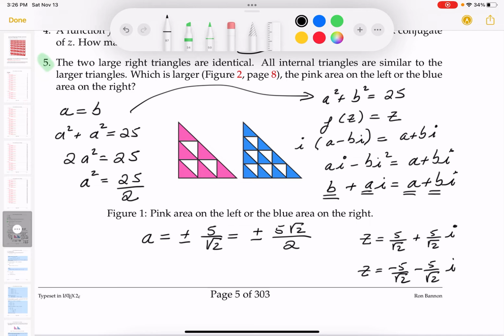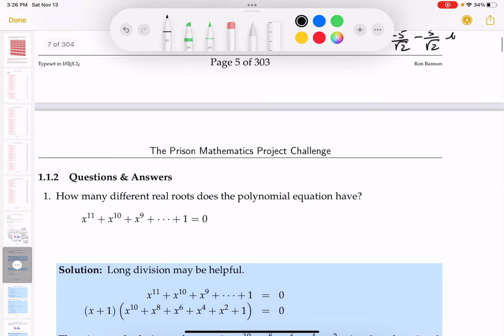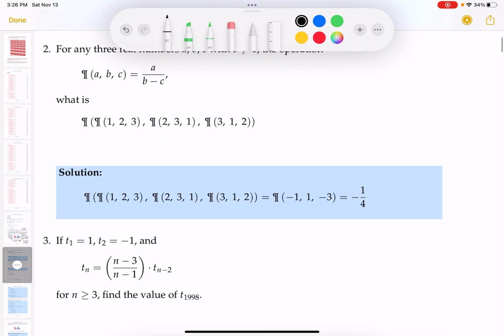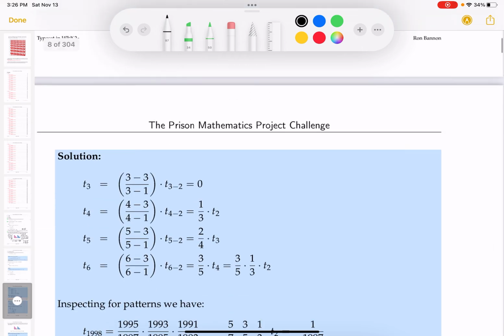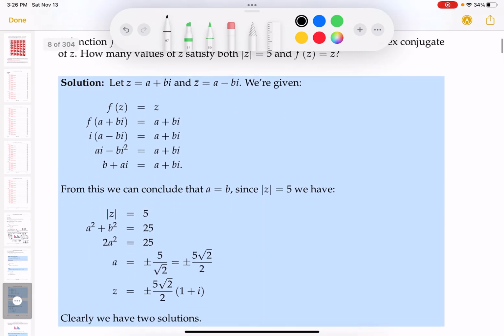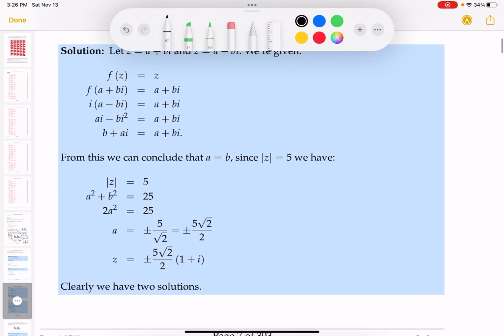All right, so let's take a look at the key. It's a much more difficult question, by the way. I realize that. And let's take a look how we did. Clearly you have two solutions, and they're written over here. I'll expand that for you.